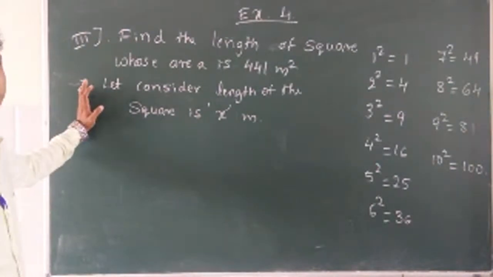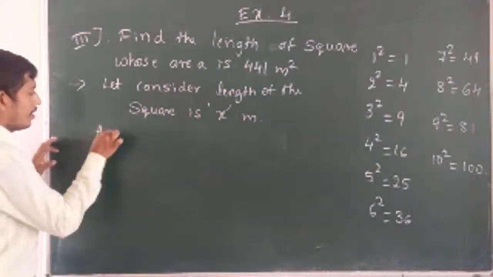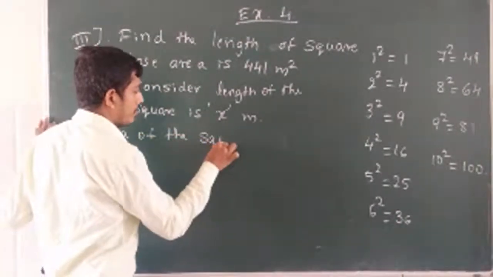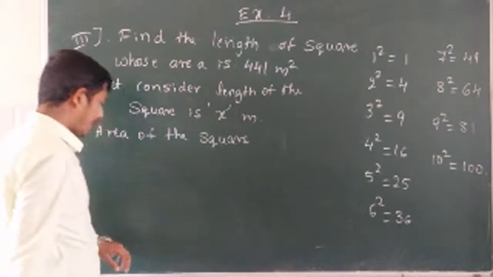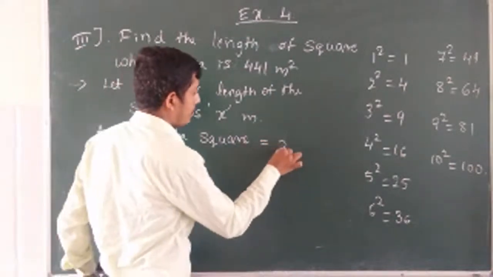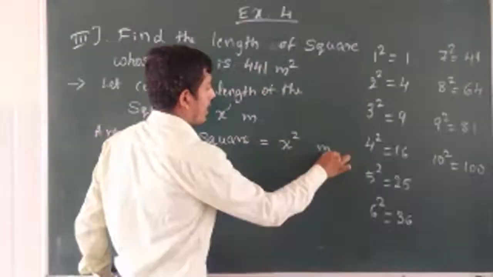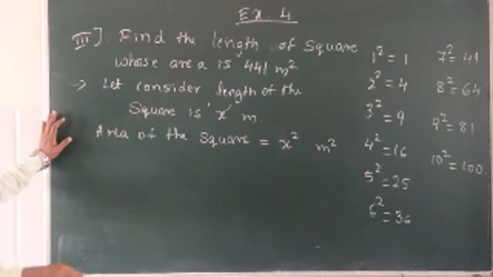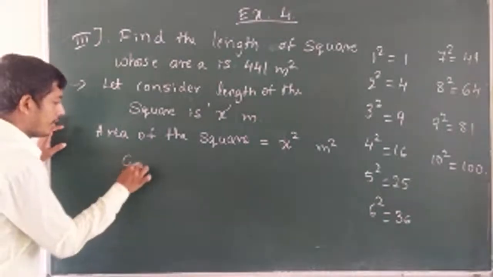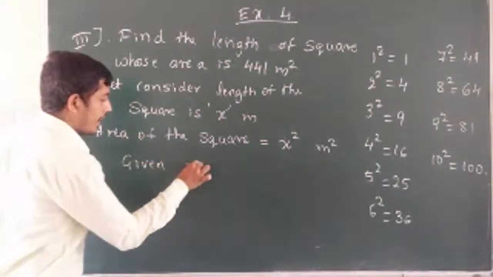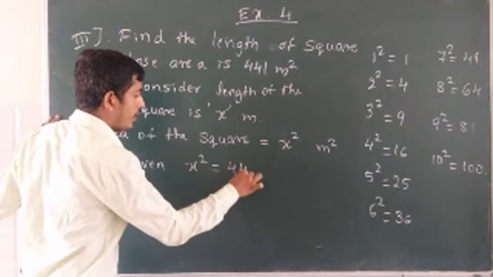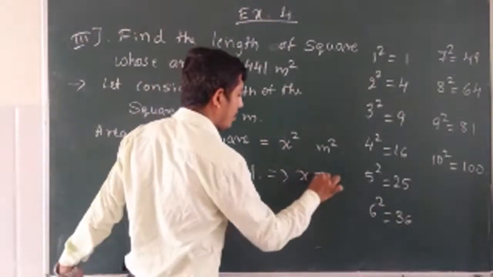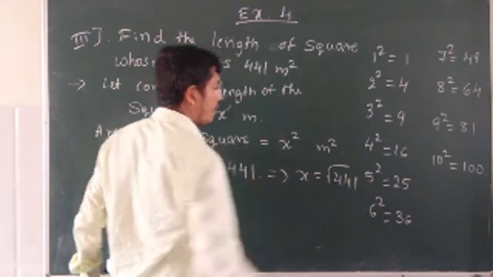Now the area of the square equals x square, and the unit becomes meter square, and that is given, that is 441. Given x square is 441. So this implies x equals the square root of 441.